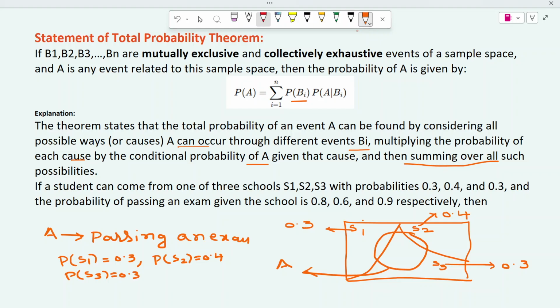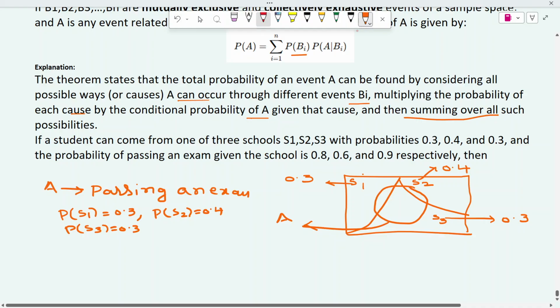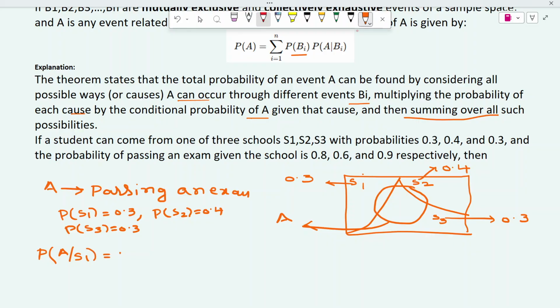Then what is given is the probability of passing the exam given the school, which are conditional probabilities. The probability of passing the exam given he is coming from school S1 is 0.8.